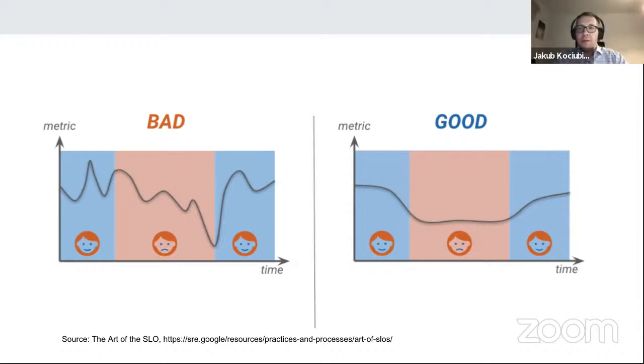So is it bad or not bad now? On the right side, this is another metric that you could use, and it's much more stable to see exactly, okay, now the user is happy, now the user is unhappy, and we should prefer this kind of metric on the right.